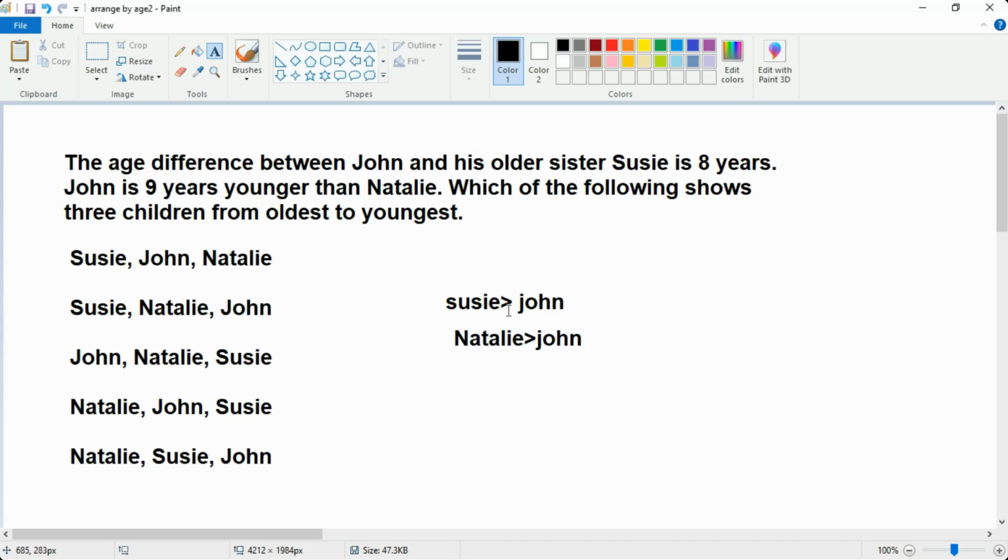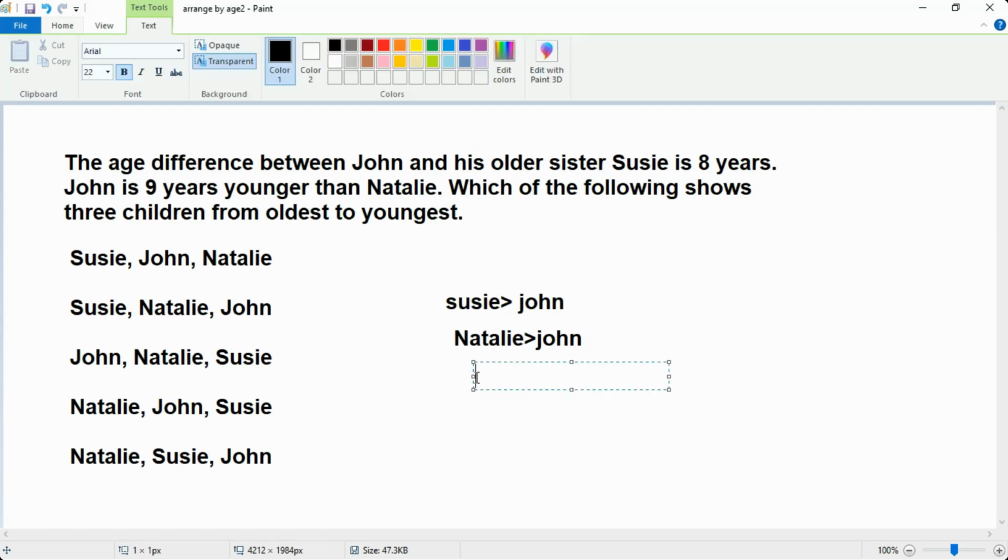But for now, let's see if we can make sure that Natalie is older than Susie, then we can write it down here. Natalie is older than Susie.